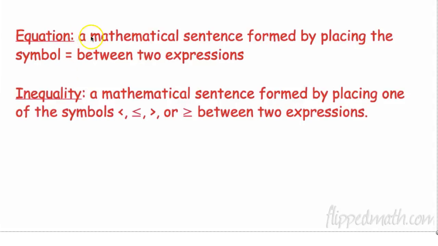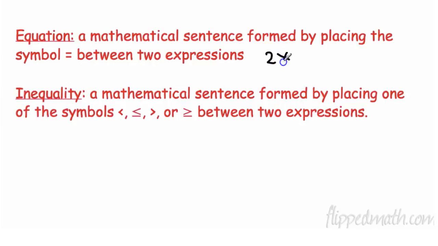Great. So an equation is a mathematical sentence formed by placing the symbol equals between two expressions. In the last video, you learned that an expression is something like 2x plus 5. That's not an equation. An equation has an equal sign, and you put another expression on the other side.